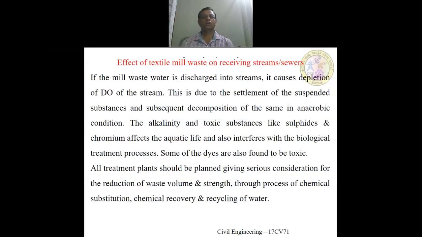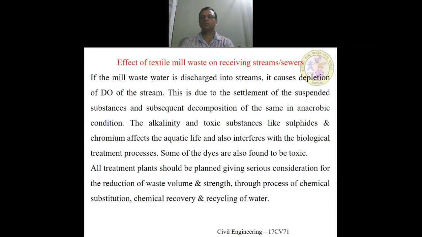Now we'll discuss the effect of this textile mill waste on receiving streams and sewers. If the mill wastewater is discharged into streams, it causes depletion of DO in the stream. Because of the high BOD content, the DO level is depleted.